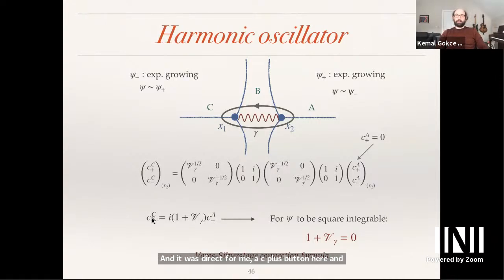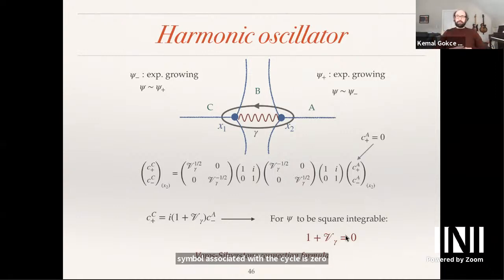And that cannot happen because I want a square integrable wave function, an exponentially decaying wave function, and so on. Which means that this coefficient has to be 0 so that I have a nice wave function. And that condition is basically 1 plus the Voros symbol associated with this cycle is 0.